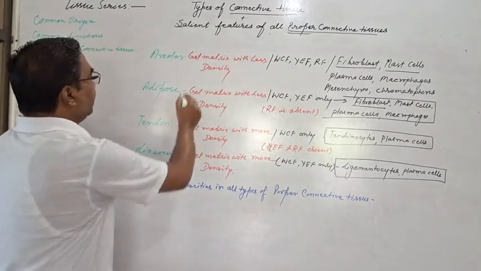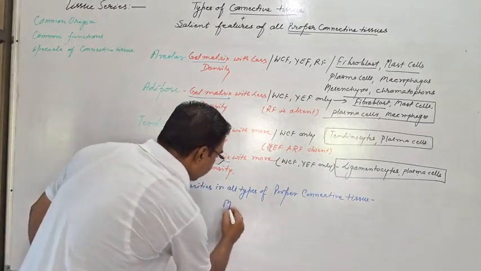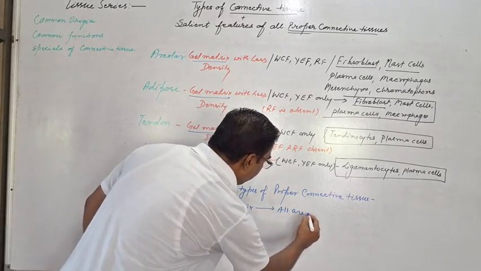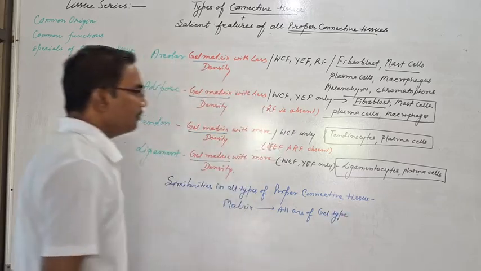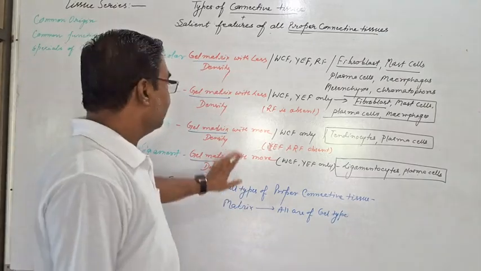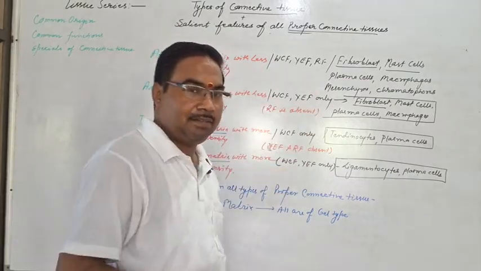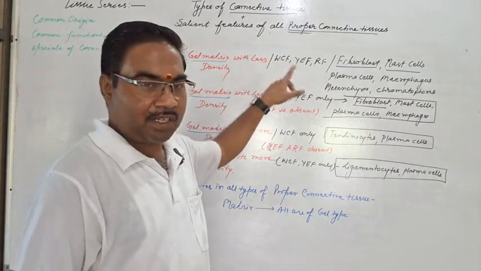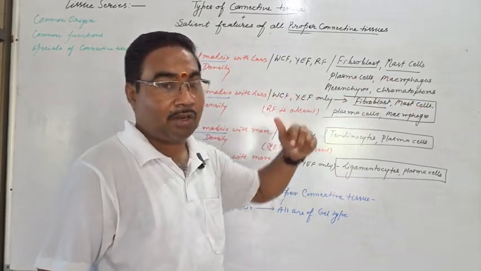First, we can say that these all have a gel type of matrix. The first similarity is regarding matrix, that is, all are of gel type. The differences are there in terms of density, but they are made up of gel type. We will study other types of connective tissue, like I told you, proper connective tissue, and also skeletal and vascular.